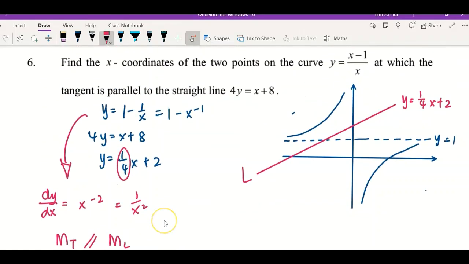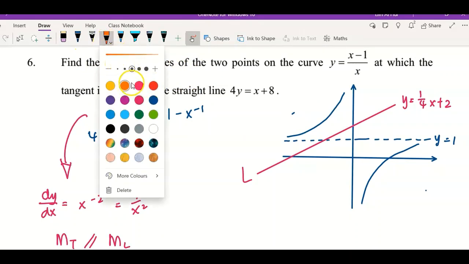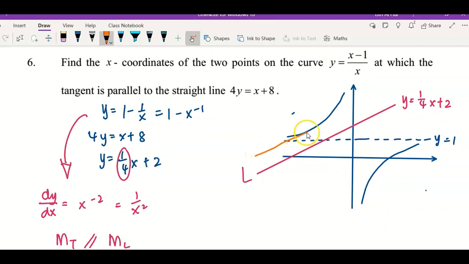Let's see if I sketch a straight line to represent the tangent. I sketch a straight line which is parallel to this purple line, which is line L, and this is my tangent 1. The second straight line representing the tangent and parallel to line L is tangent 2.